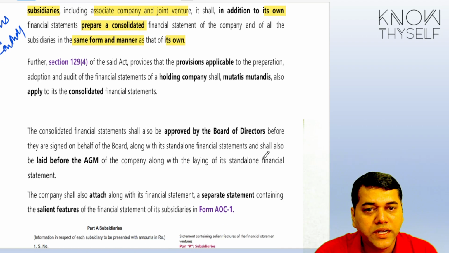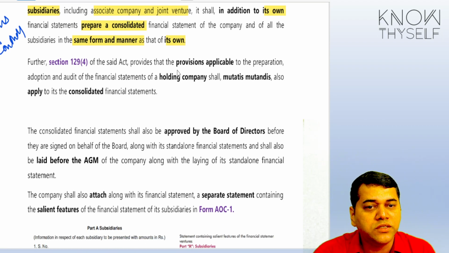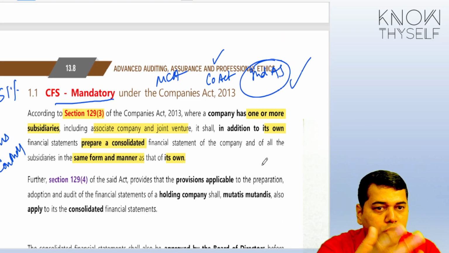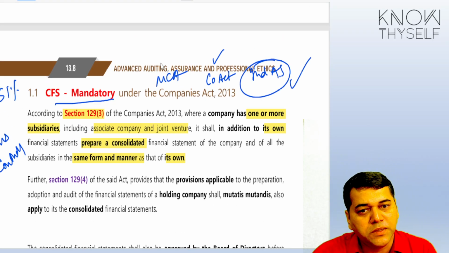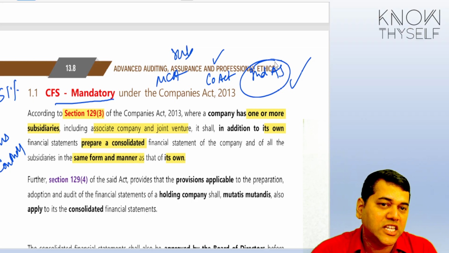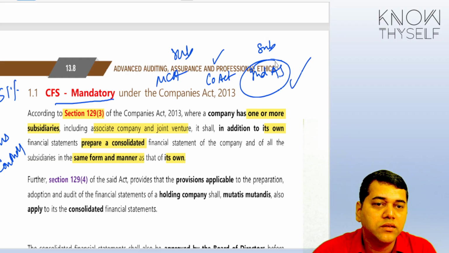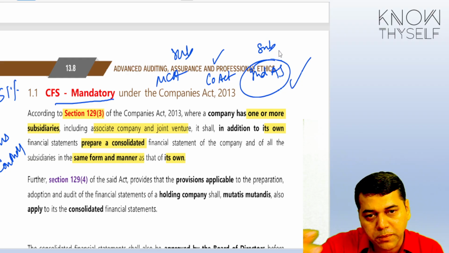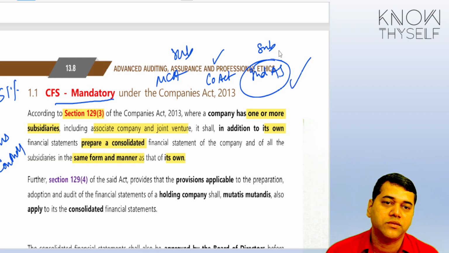Now, section 129(4) says that the provisions applicable... in which context am I telling this? As per your Companies Act, someone may not be your subsidiary, but as per Ind AS, they might become your subsidiary. Now, should I prepare CFS or not?